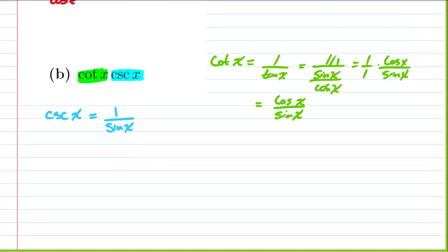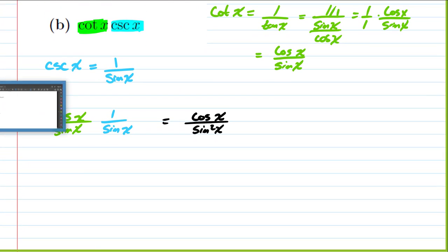So then we put these together, and that gives us cosine x over sine x times cosecant x, which is 1 over sine x, and we end up with cosine x all over sine squared x. All right, let's keep going.